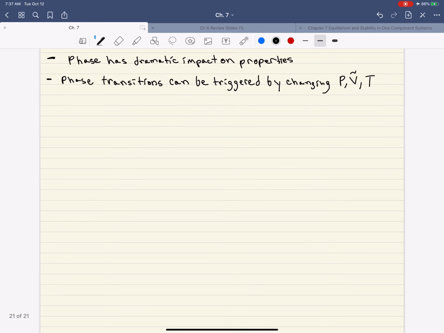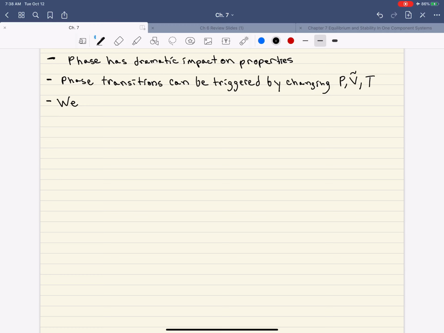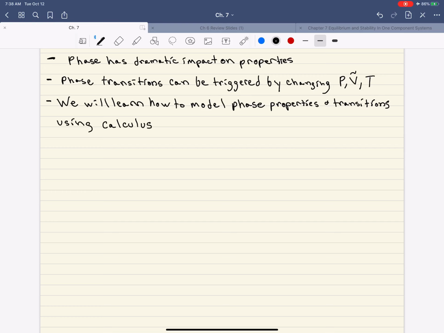And so in Chapter 7, what we're going to do is learn how to model the phase behavior of chemical systems and the properties of these different phases, using the calculus of thermodynamics that we learned back in Chapter 6, calculus of thermo, and then also using our various equations of state.